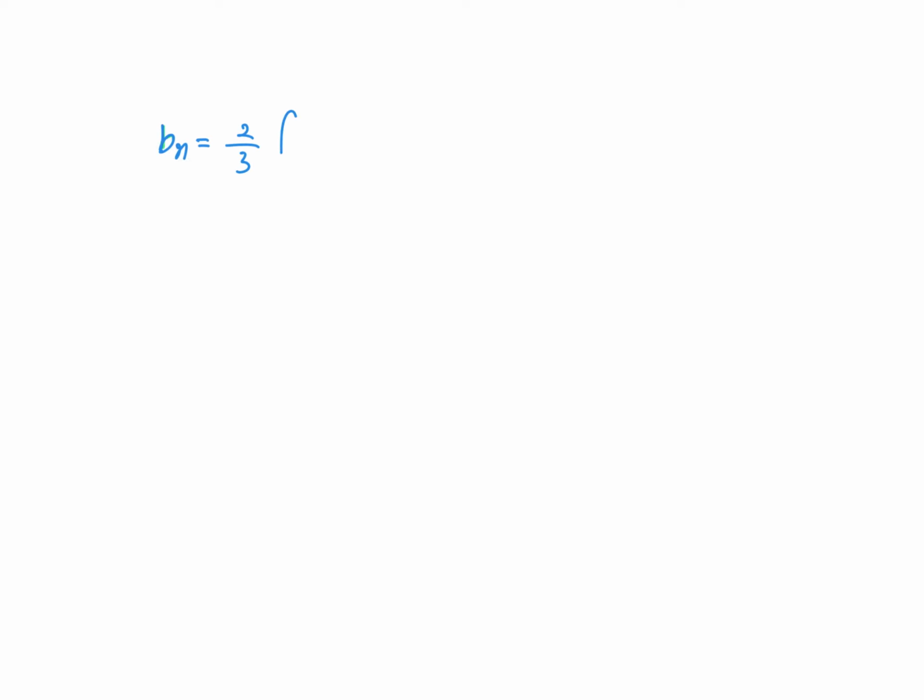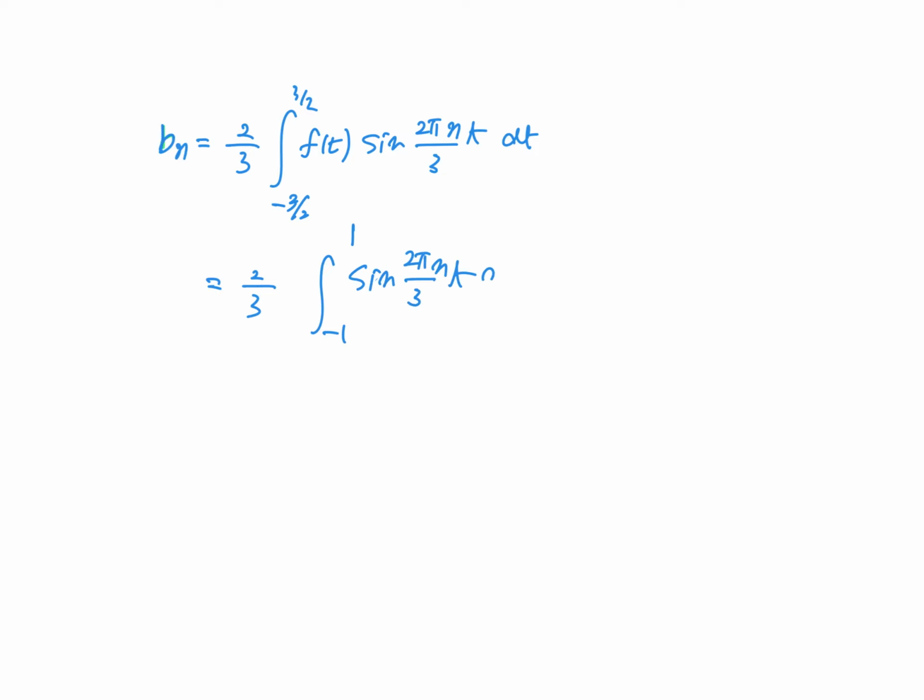Two over 3 times the integral of f(t) sine 2 pi n t over 3 dt, and it's only from minus 1 to 1. f(t) is 1, so simply sine 2 pi n t over 3 dt.